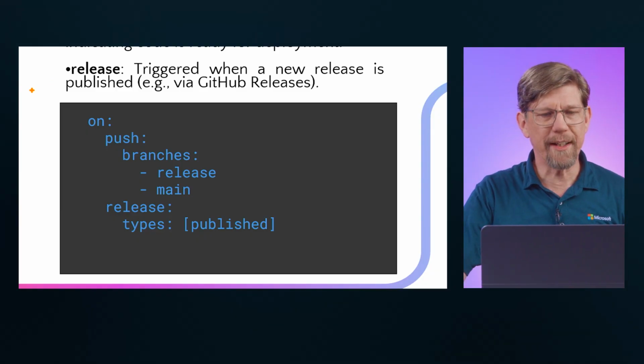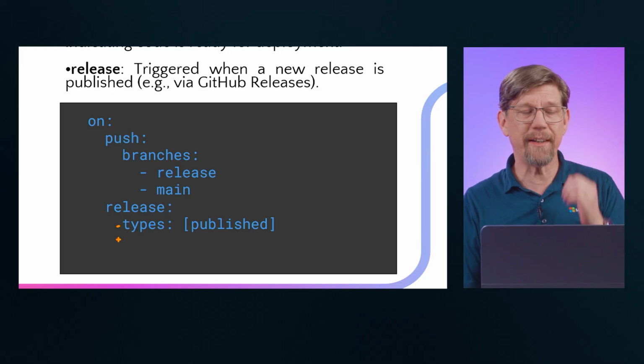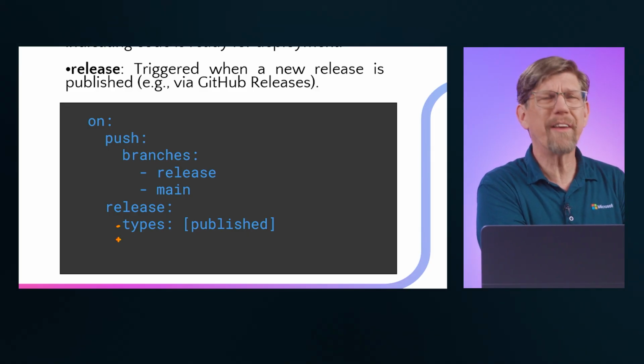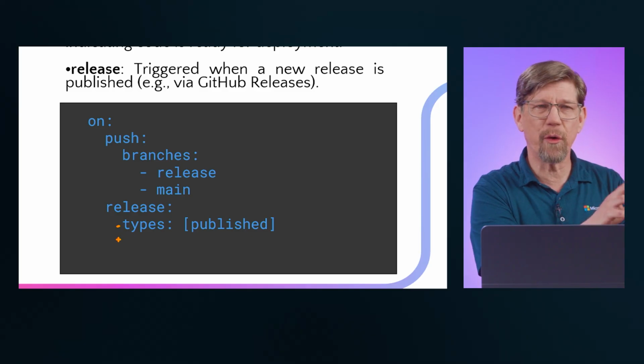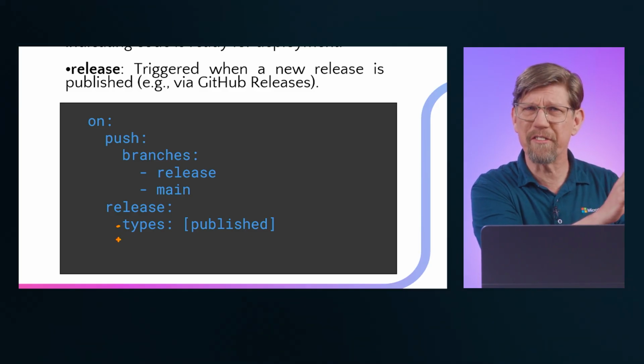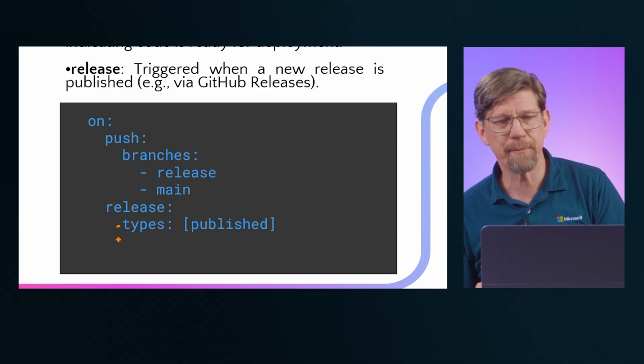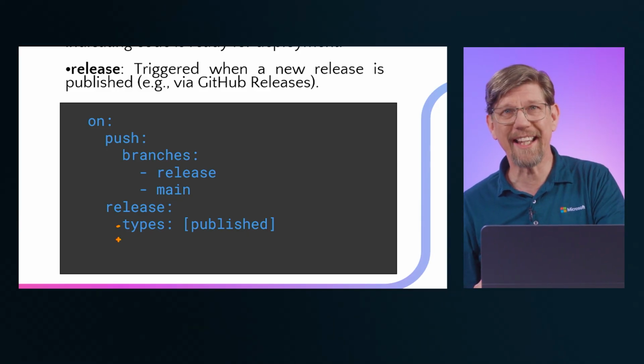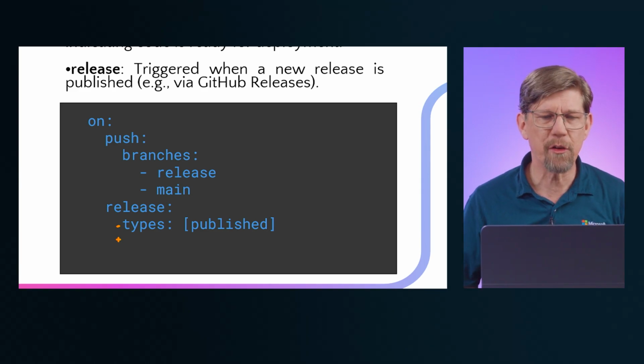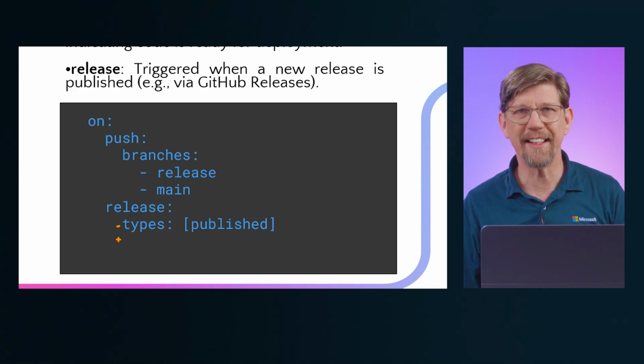Cool. So here, a release kicks in. Again, we have a filter. Releases can be created, but there might be a series of steps that they have to go through after they create that were not quite official yet, so they can then go through a published phase. And so here, we're filtering that down to we only care about when they are indeed published.